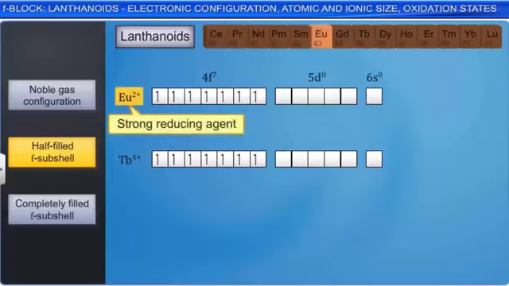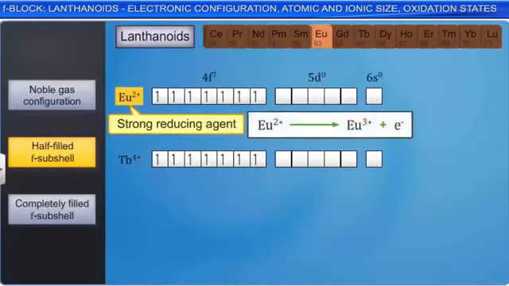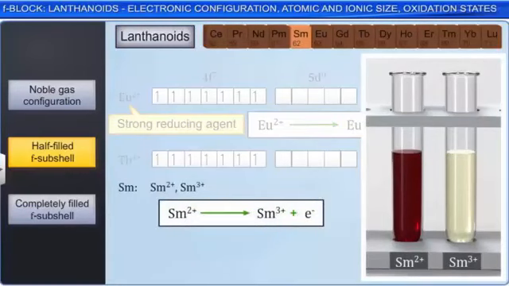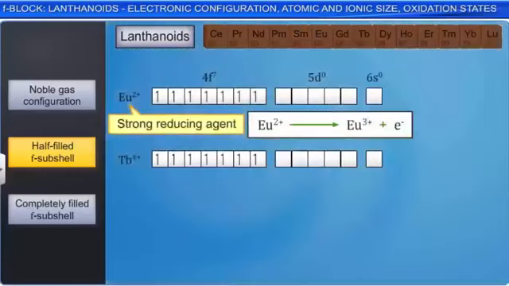Terbium +4, on the other hand, acts as an oxidant and gets itself reduced to +3 state. Thulium 2+ stands as an example of the third case. Thulium 2+ ion acts as a reducing agent and changes to +3 state.